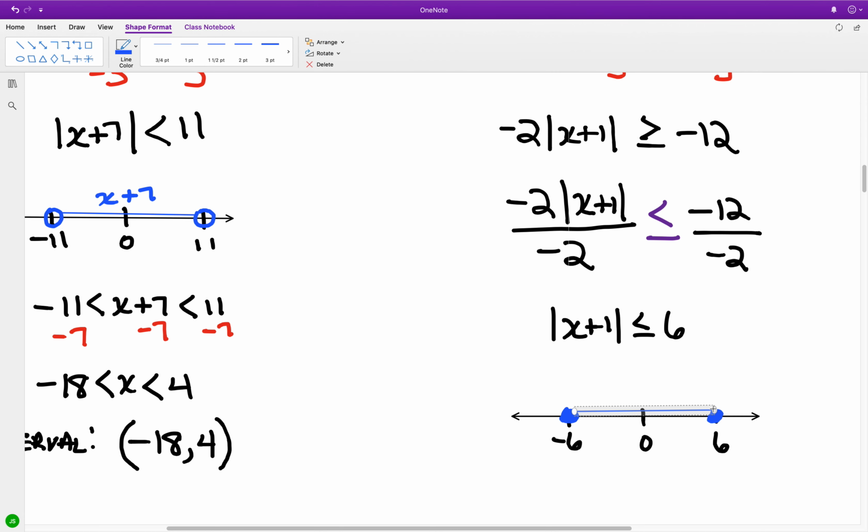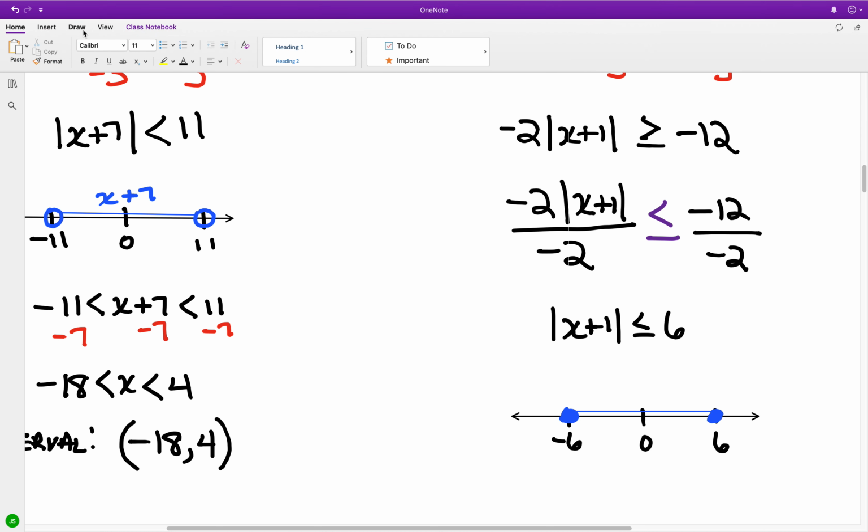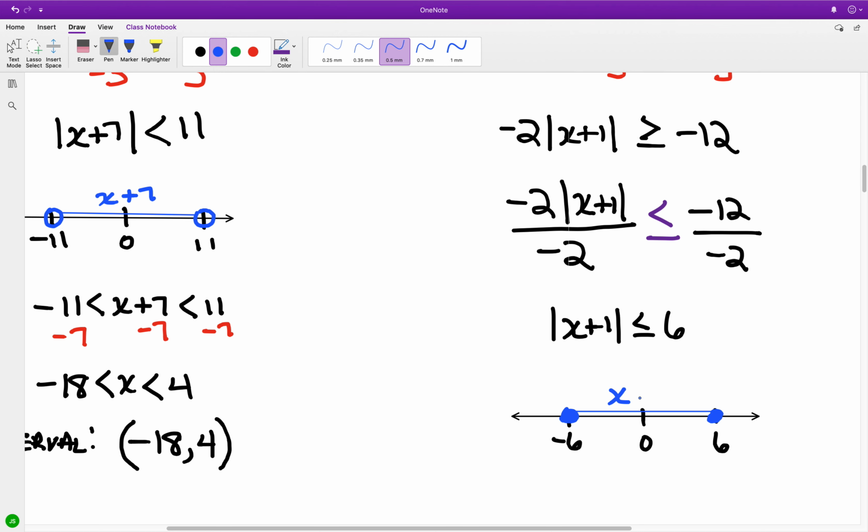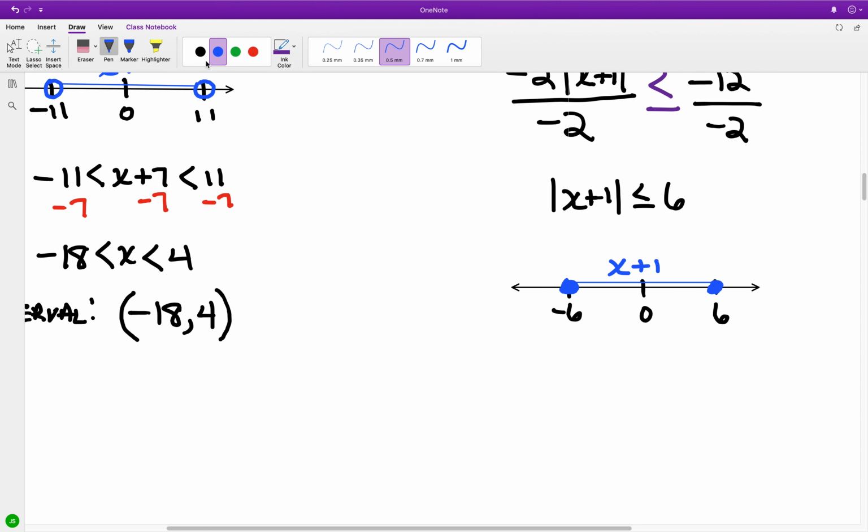Okay, and so in the setup, we're going to have x plus 1 situated between negative and positive 6, and expressing in inequality terms, we have a compound statement whereupon negative 6 is less than or equal to x plus 1, which in turn is going to be less than or equal to 6.